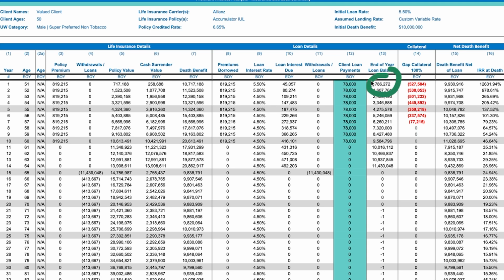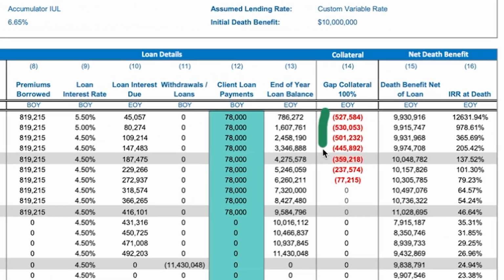When you add up the premium plus the interest minus the payment, we get an outstanding loan balance. The bank takes a collateral position in the cash surrender value of the policy. In year one, that cash surrender value is $258,000. So we have $786,000 of outstanding non-recourse loan balance, minus $258,000, which leaves a gap, a shortfall, of $527,000.